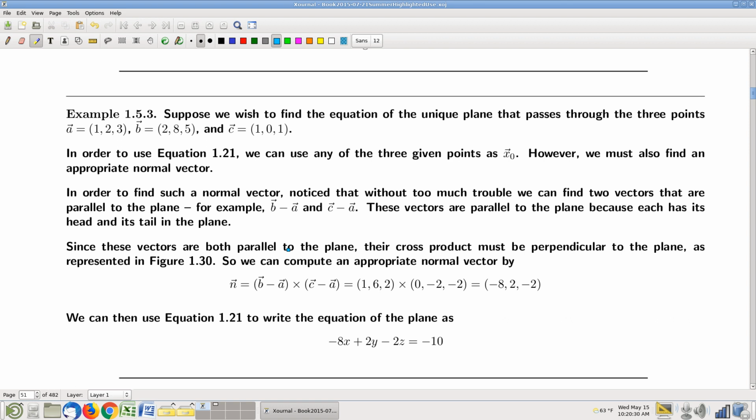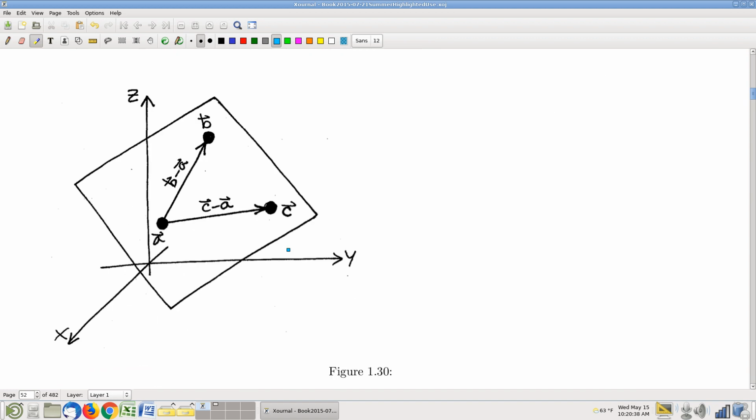I don't remember why it is minus A. Oh, yeah, it was kind of arbitrary. I was just making the observation that if these three points are in the plane, then when you pairwise subtract, A is in the plane and B is in the plane, and therefore their difference has got to be parallel to the plane. Does that make sense?